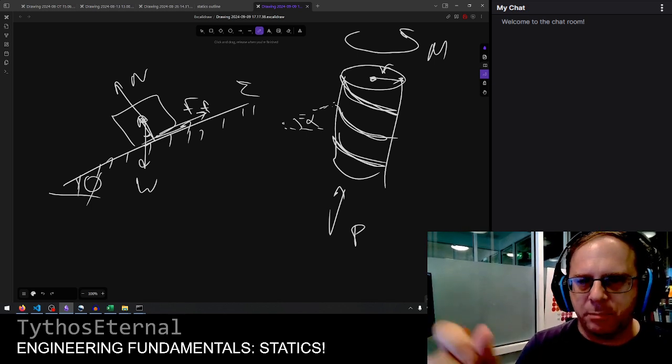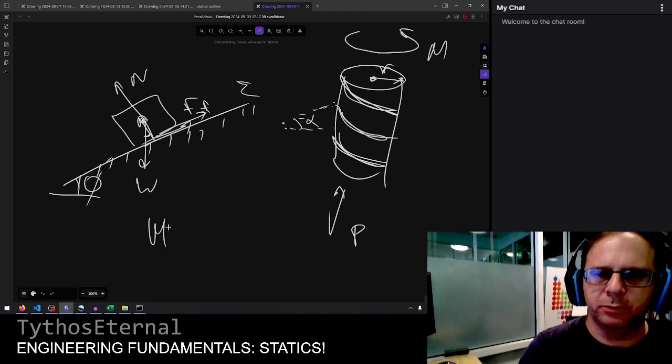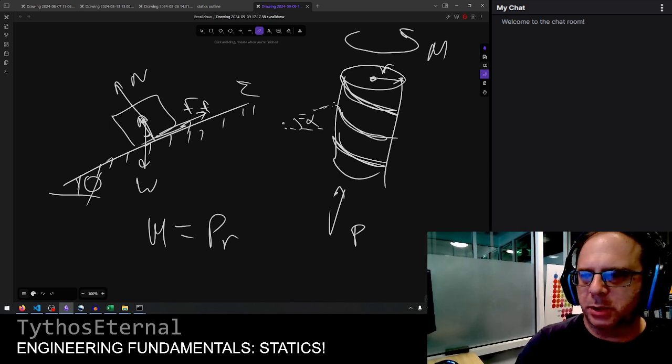And then we'll actually model what we'll call, so we have some moment, right? There's some load that's applying that moment.